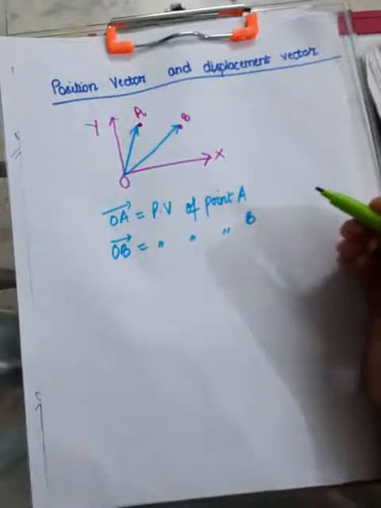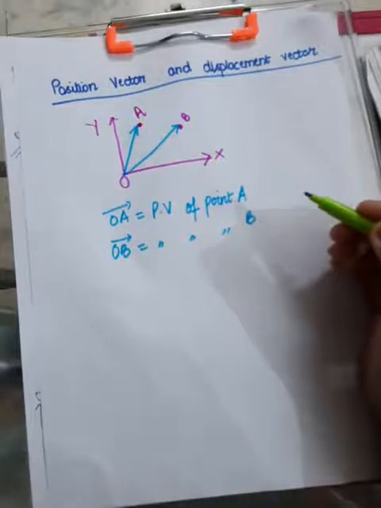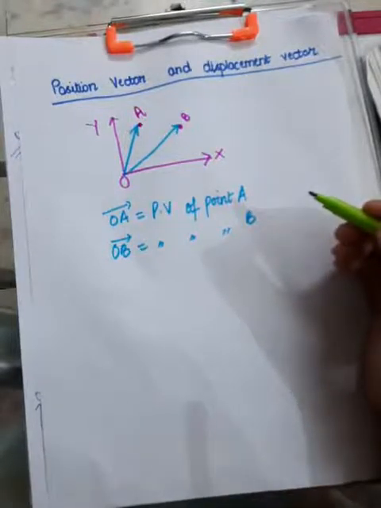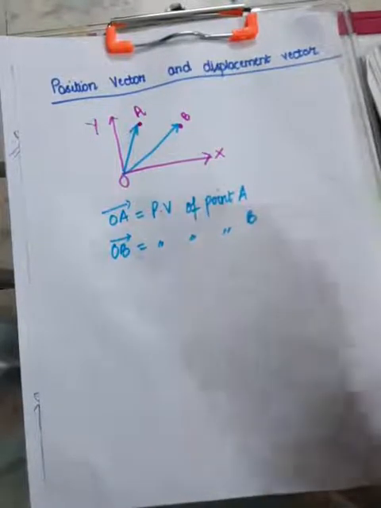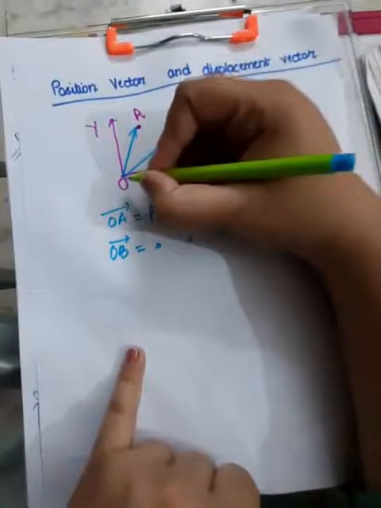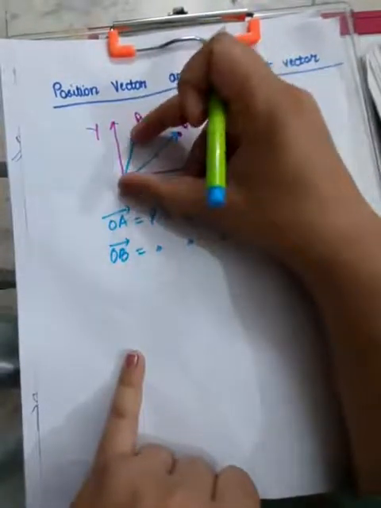So just think, why am I again and again calling it a vector? Position, you used to talk about even before the study of vectors. Actually, this is a vector because its direction is very important to specify. See, this is having a particular direction and a particular magnitude.